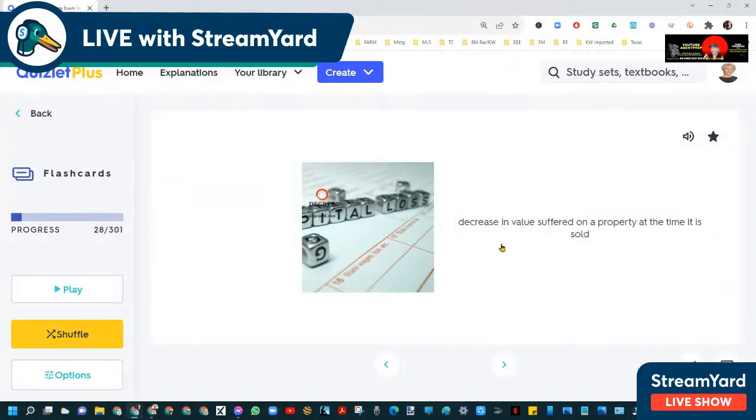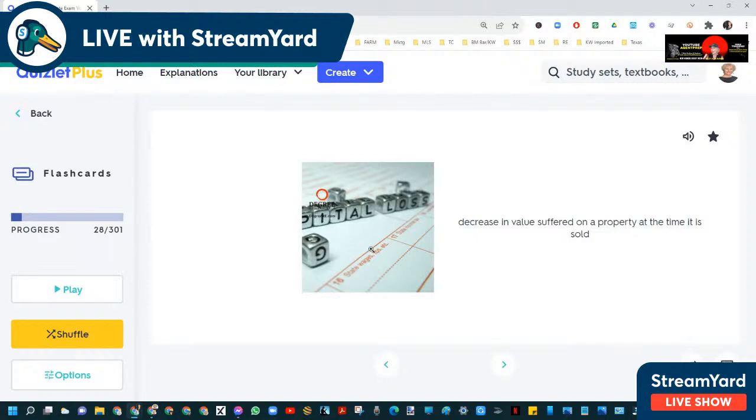Next, decrease in value suffered on a property at the time it is sold. So what is a decrease in value suffered on a property at the time it is sold? So what does it say here on the picture?